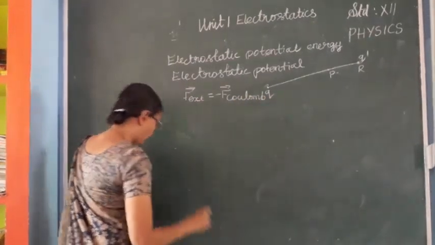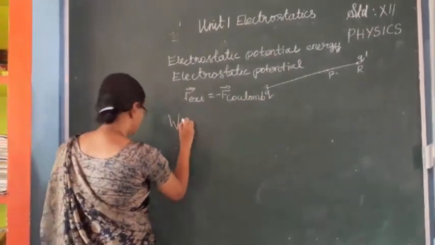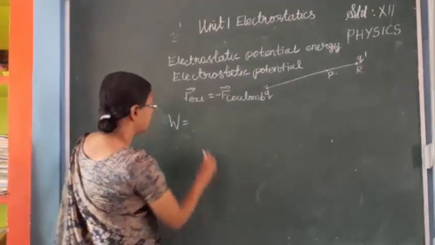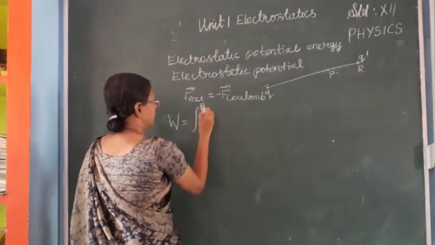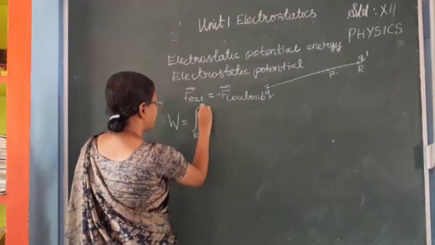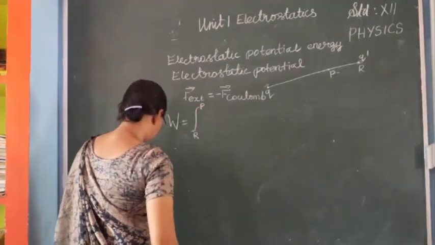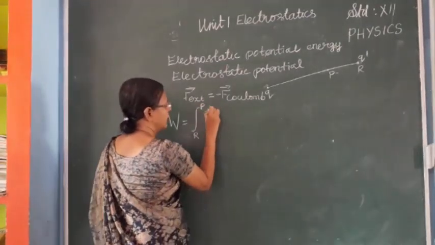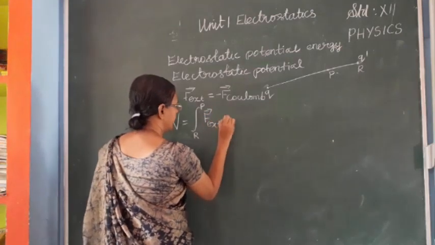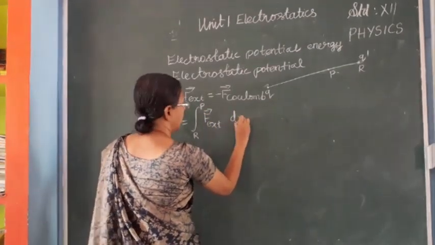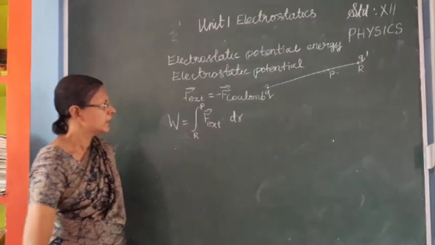We need to find the work done in bringing the charge from R to P, which is the integral of F external dot dr, where dr is the distance.